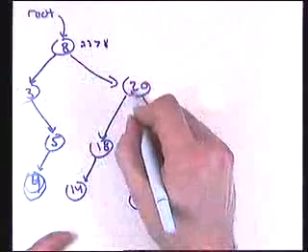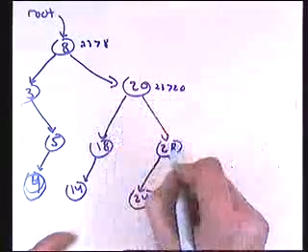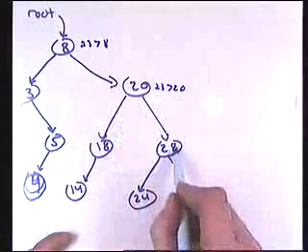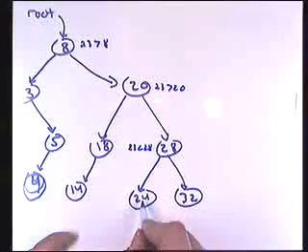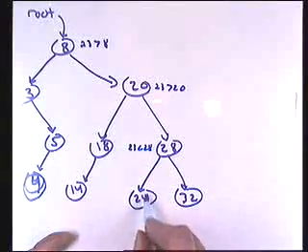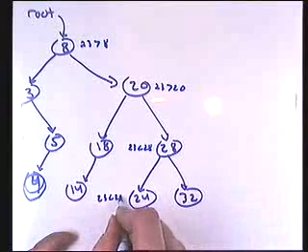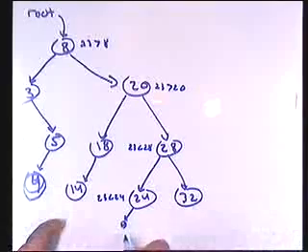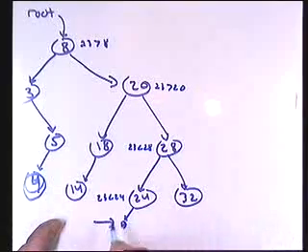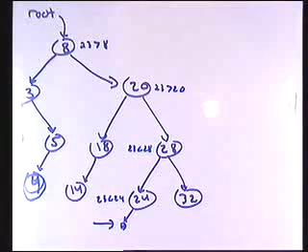And I compare it to here, and 23 is not equal to that, but 23 is greater than what's there, so I go to the right. And 23 is not equal to that, but 23 is less than what's there, so I go to the left. And 23 is not equal to this, but in fact it's less, so I move to the left, and lo and behold, we have a null pointer here that we typically don't draw. I hit a null, and I say, whoops, I hit a null. And whenever I hit a null, that means I have not found my value.